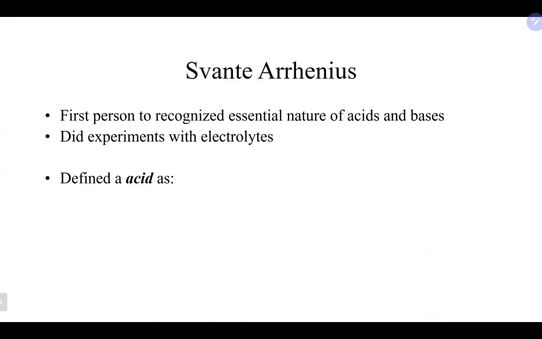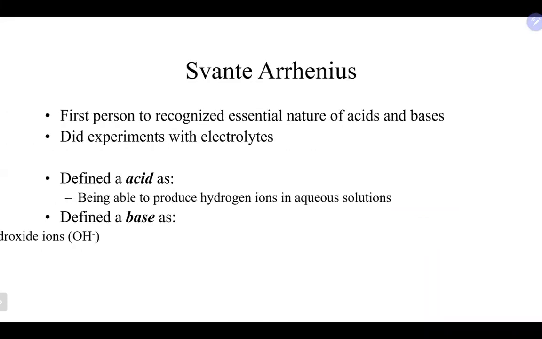Now, an early definition of an acid and base was done by Arrhenius. He did a lot of work with electrolytes. And remember, electrolytes are things that, when they go into solution, break apart into ions. There are two types of electrolytes: a strong electrolyte, which 100% breaks apart in solution.